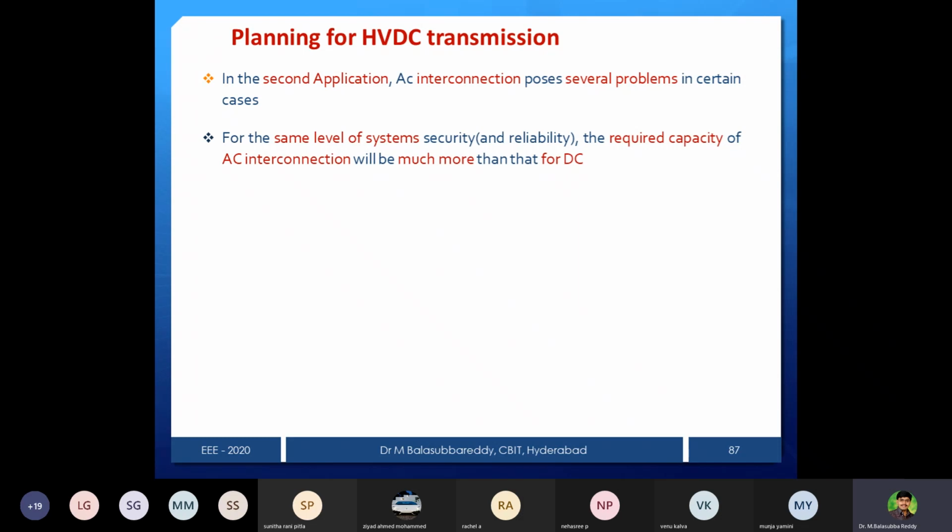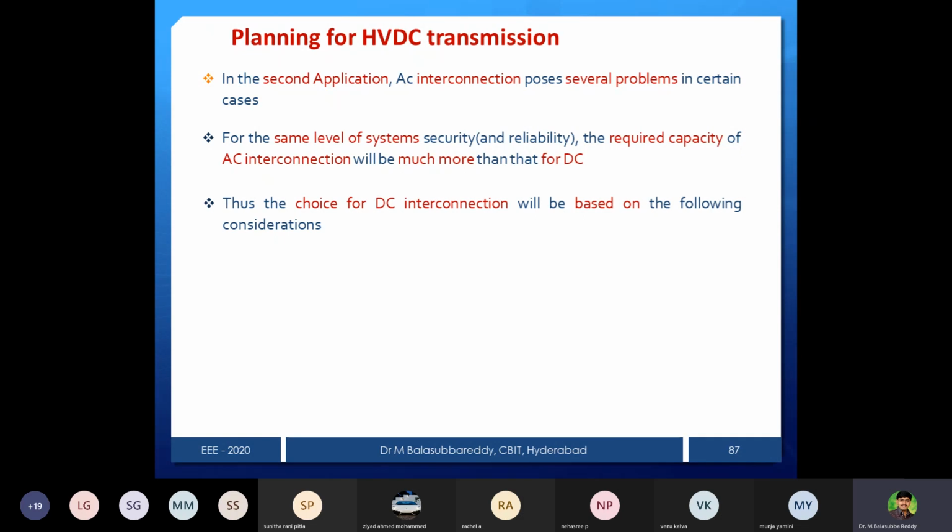For the same level of system security, the capacity of the AC interconnection will need to be much more than that of the DC. So DC will be more secure than AC. In terms of reliability also the same aspect comes into the picture. DC will be more reliable.